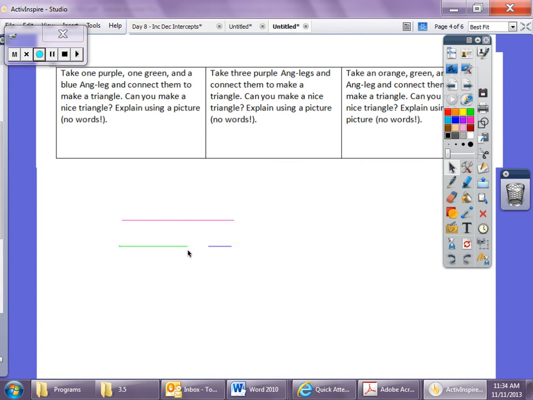Well, let me take my shapes. Alright, and now if we move these and we rotate them, can we make this into a triangle?